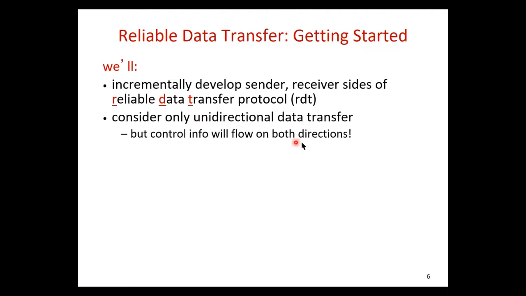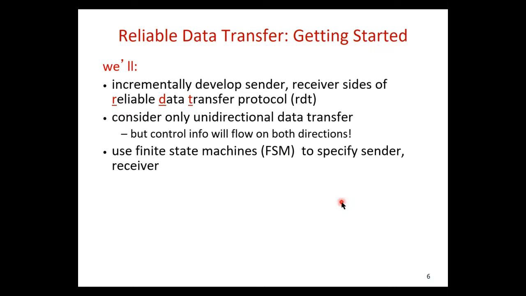But even though it's a unidirectional data transfer, we will see shortly that we still need a channel going in the reverse direction for control information. We need that to be able to do reliable data transfer. Essentially, we need a feedback channel.